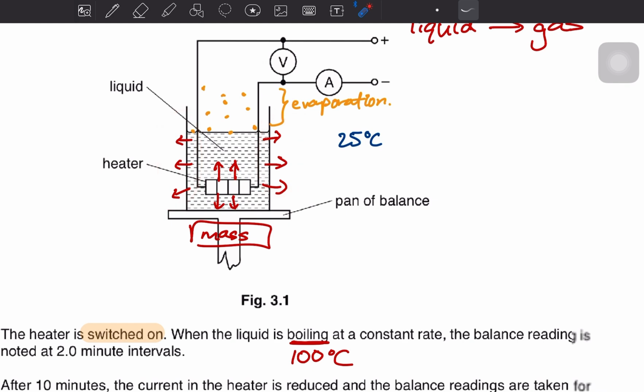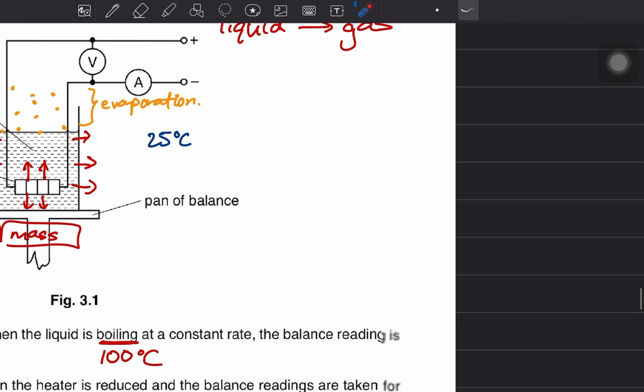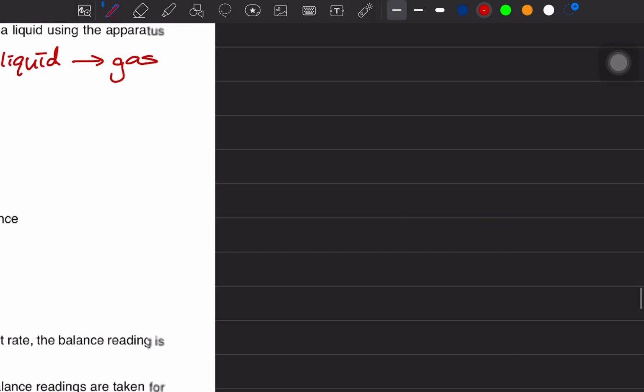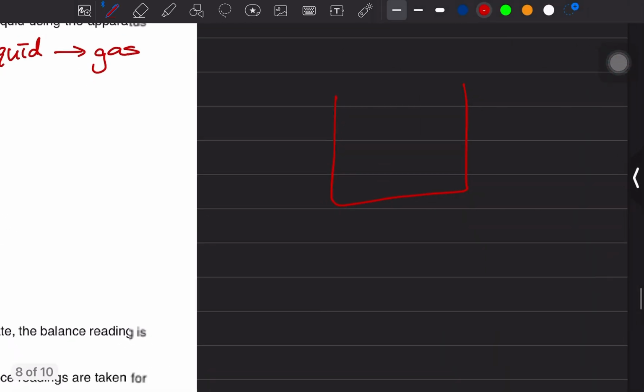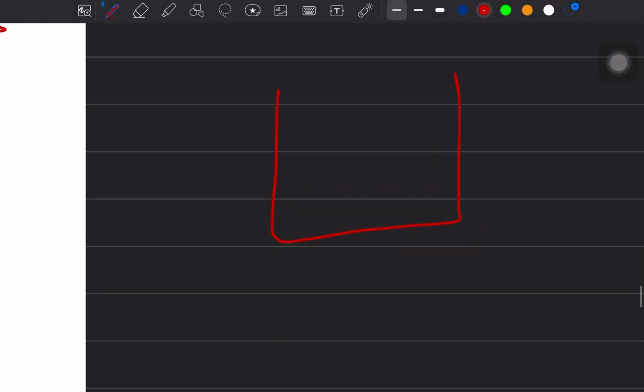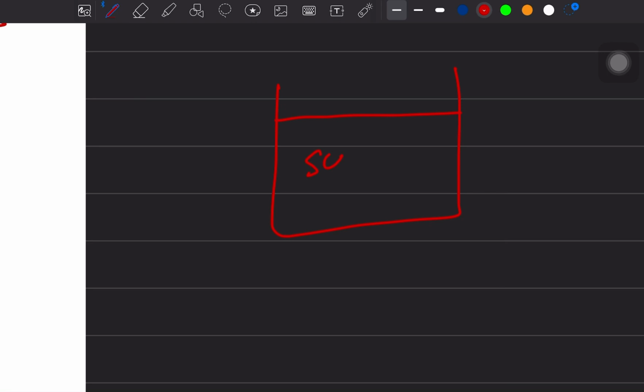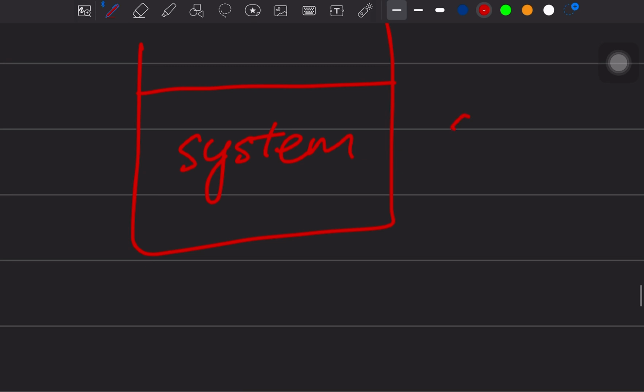So if I redraw the diagram, this is the system we have. And everything else here is the surrounding.